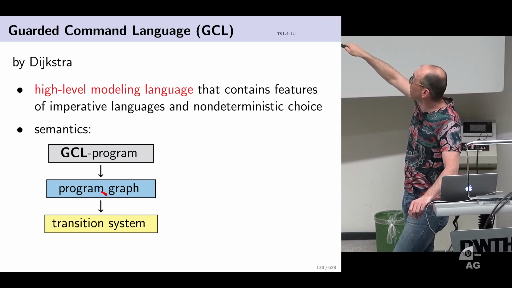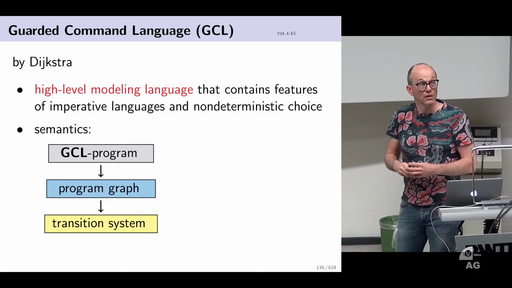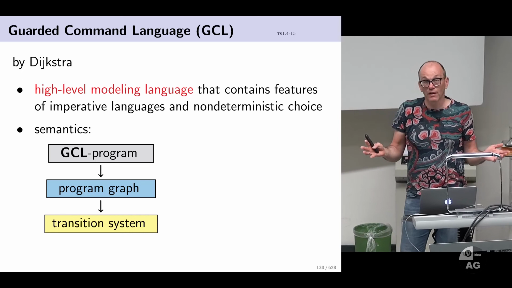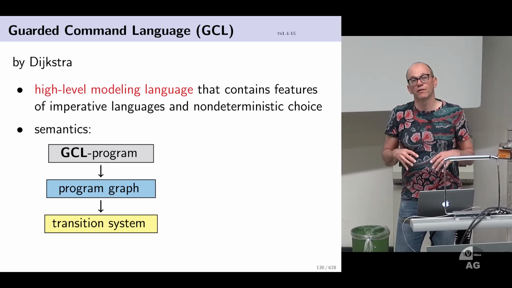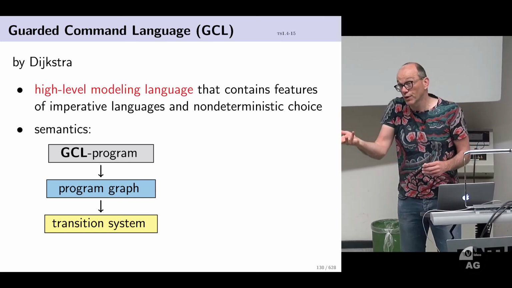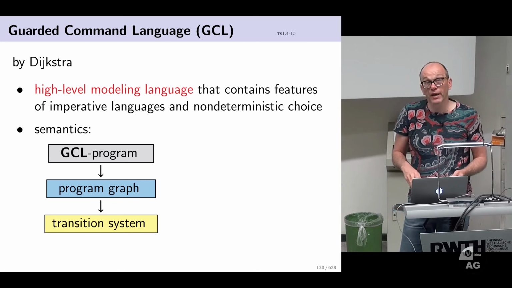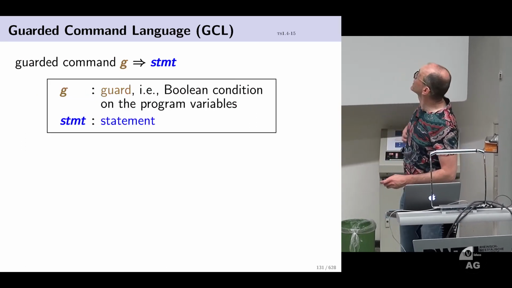And what we just have seen, every program graph can be mapped onto a transition system. So what this slide is basically saying: no matter which GCL program you give me, in the end I can reduce it or map it onto a transition system, which is an adequate representation of the possible behaviors of my program. So let's have a more detailed look at this guarded command language.